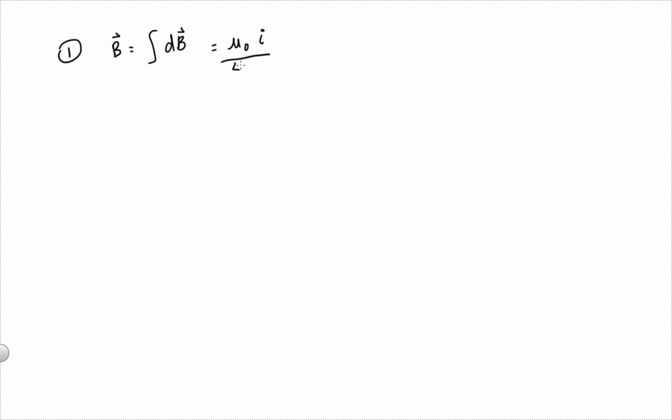So this is mu naught times I over 4 pi, dL crossed into r hat over r squared. Lots of constants here. So this is mu naught I over 4 pi.